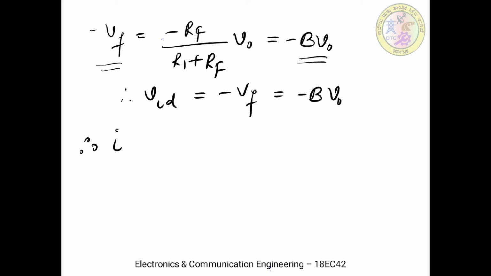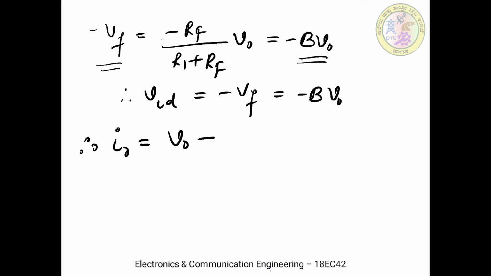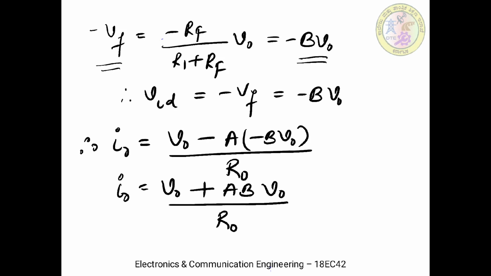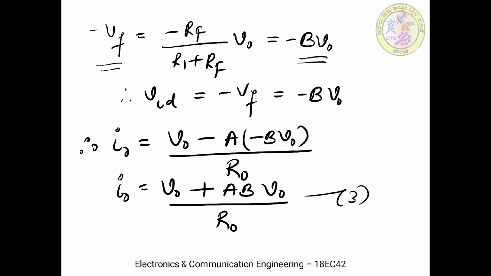Therefore the output current I0 will be equal to V0 minus A into VID, where A is the open loop gain of the amplifier, so minus B into V0, divided by R0. So I0 is equal to V0 plus AB V0 by R0. This is the expression for I0.